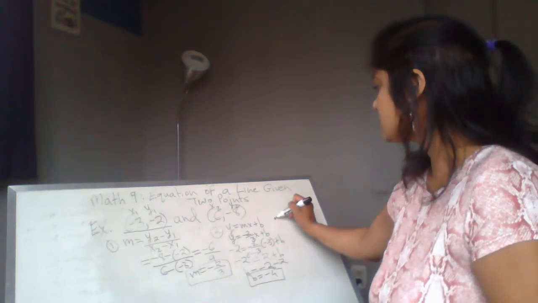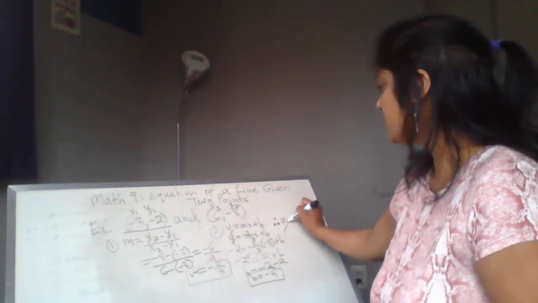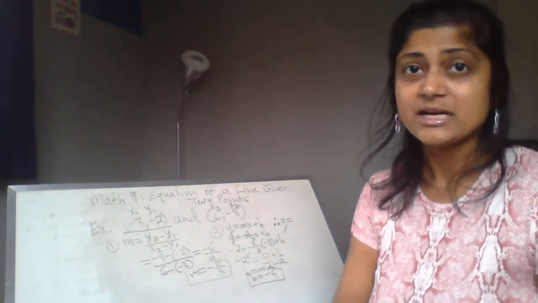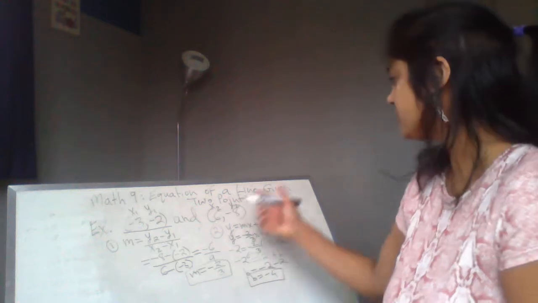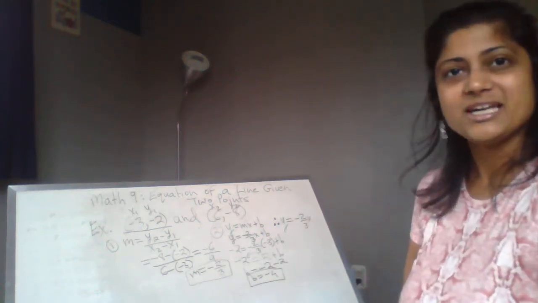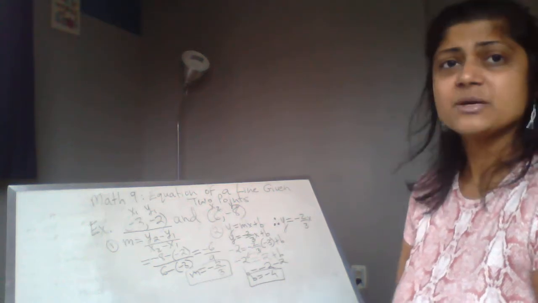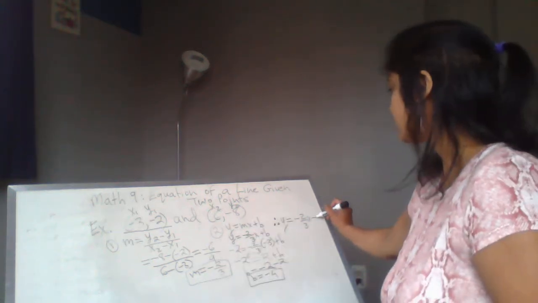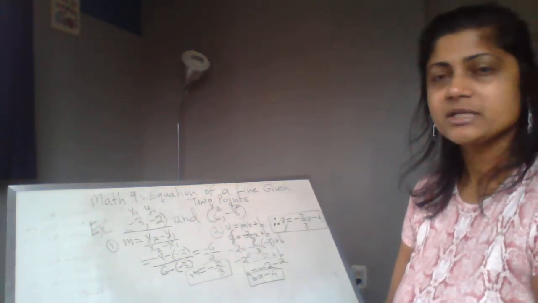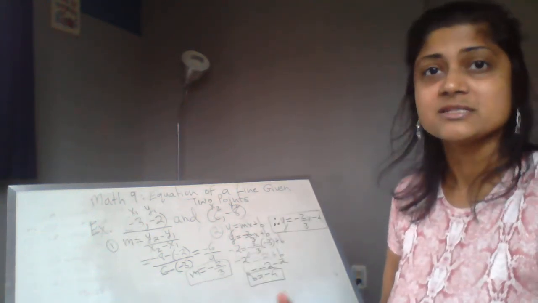At the end, don't just leave it like this. The question says what is the equation of the line, so I have to put a therefore statement here. So y equals my m value, negative 2 over 3x, plus my b value, which is negative 4. You notice I'm not putting negative 2 over 3x plus negative 4.